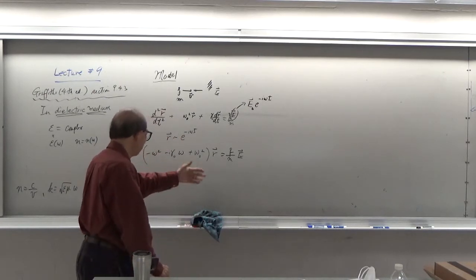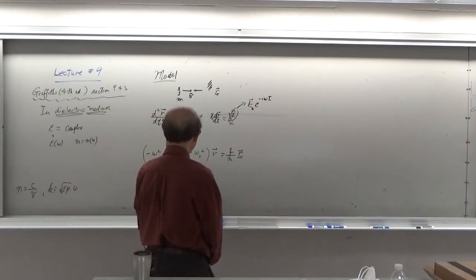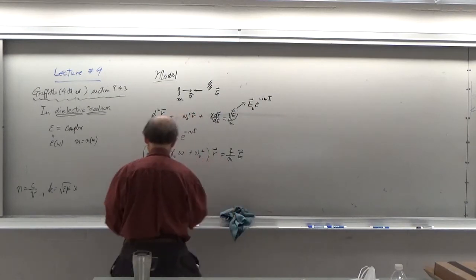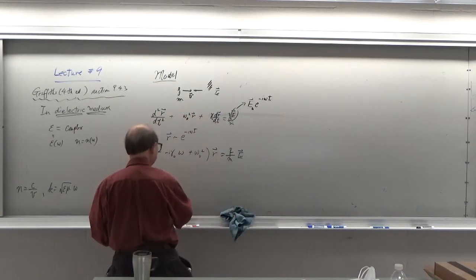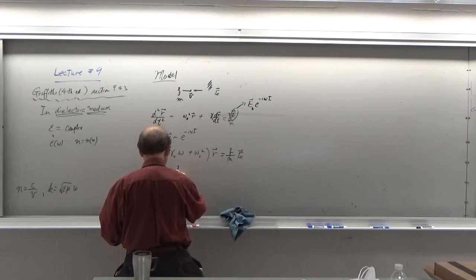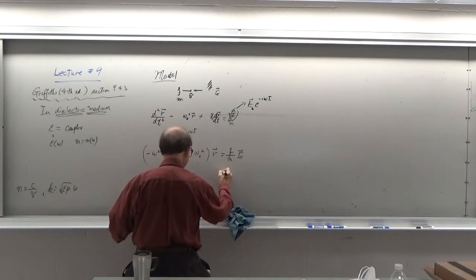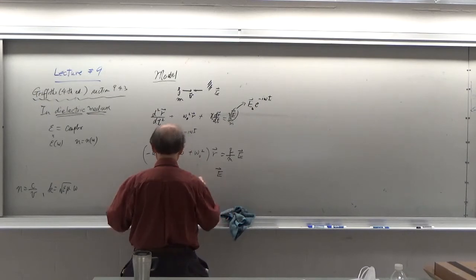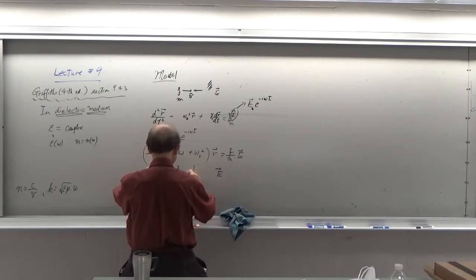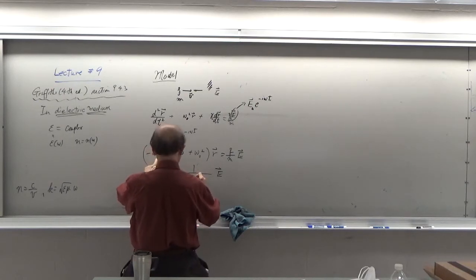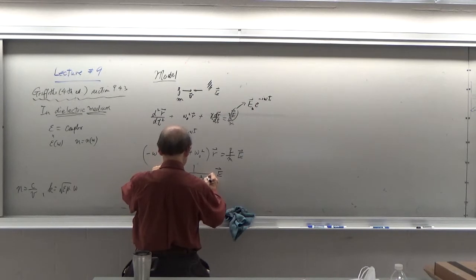Now this is a simple algebraic equation. We can solve for r right away. r is equal to q over m E, let me put it here, divided by this. So it's omega naught squared minus omega squared minus i gamma naught omega.